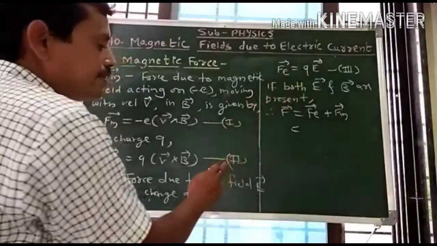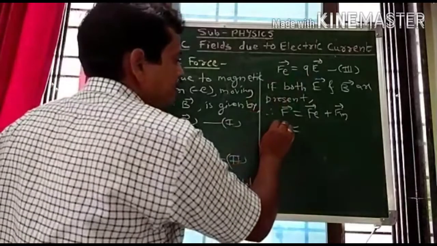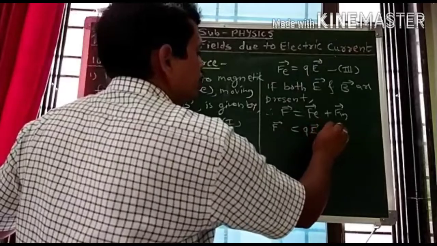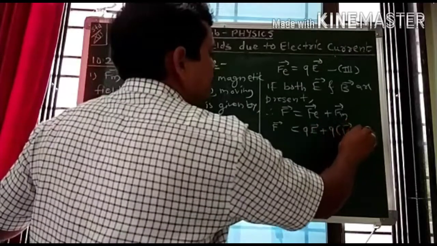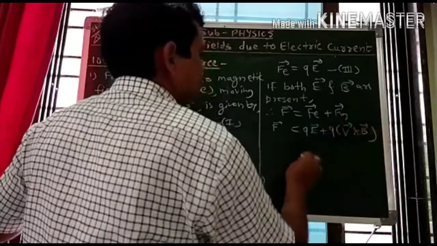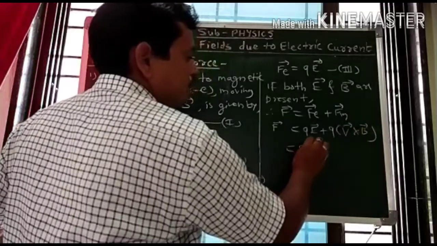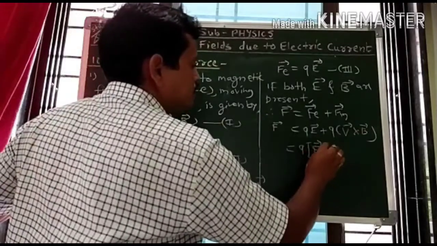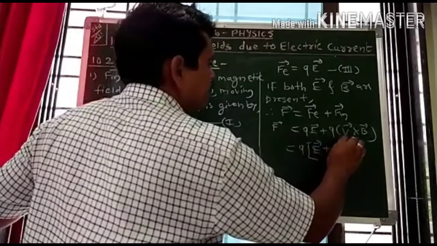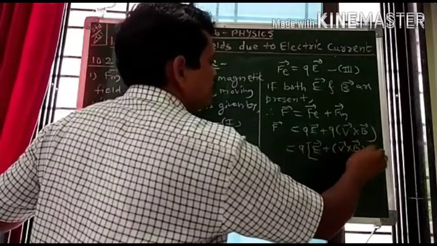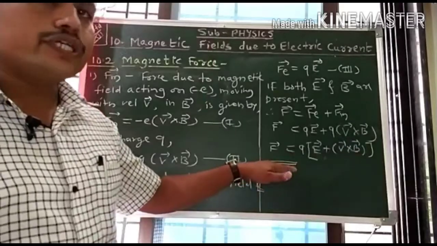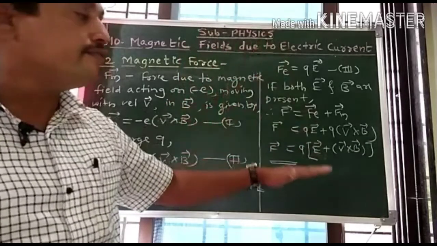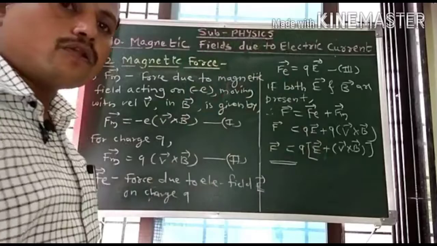Using equation 3 and equation 2, we can write vector F equal to Q into vector E plus Q into bracket vector v cross vector B. Taking Q common, we can write Q into square bracket vector E plus bracket vector v cross vector B, square bracket completed. This equation gives the net force acting on the charge due to magnetic and electric field. This force is also called the Lorentz force.